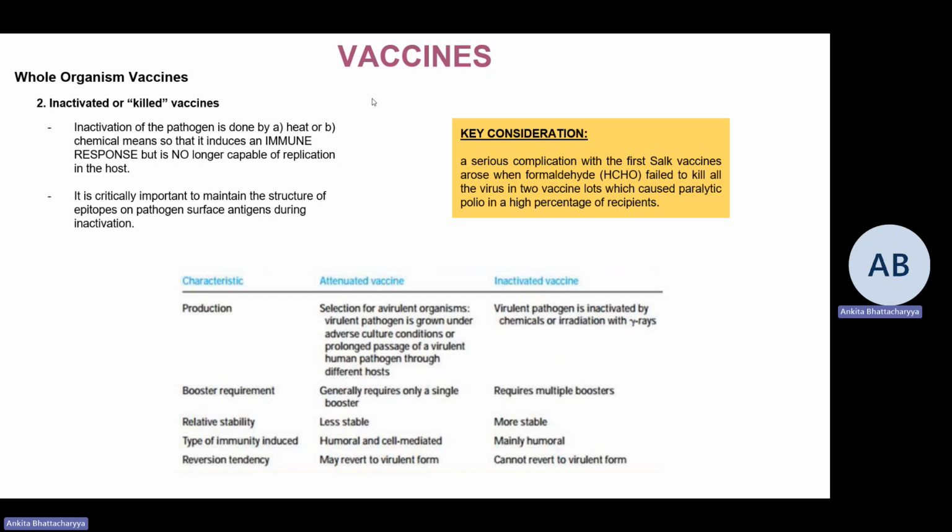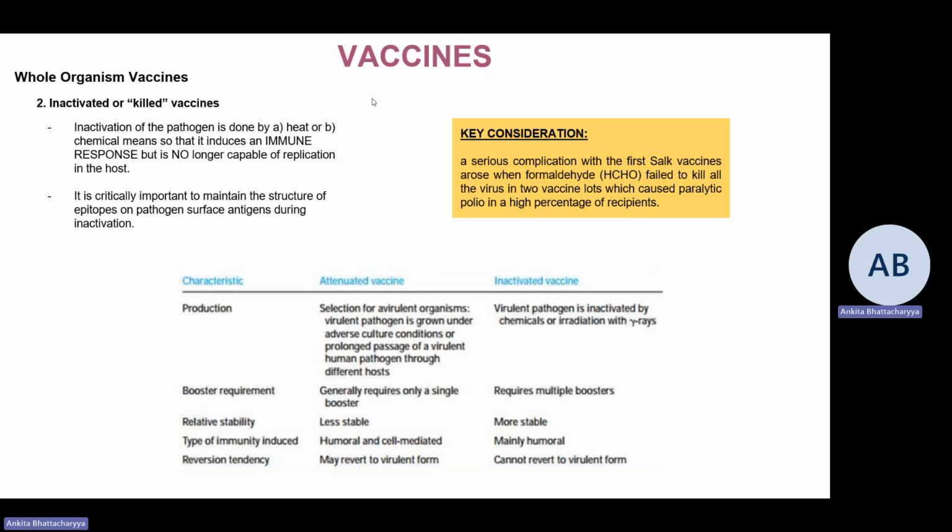Second is booster requirement. Usually attenuated vaccines generally require only a single booster, but inactivated vaccines require multiple boosters because they cannot persist within an individual's system for a very long period of time. Relative stability is a lot more for inactivated vaccines because they're not living organisms, whereas attenuated vaccines have a much more hectic maintenance associated with them. Then the type of immunity induced by attenuated vaccines is both humoral as well as cell mediated, because it is still a living organism, so to say.